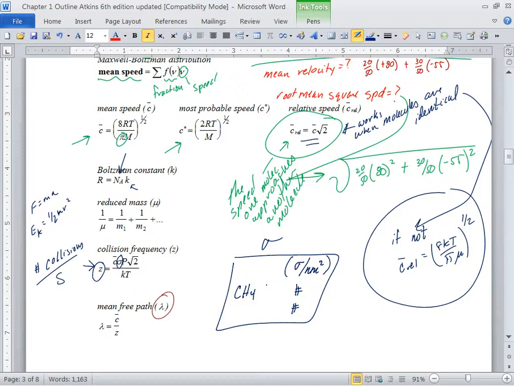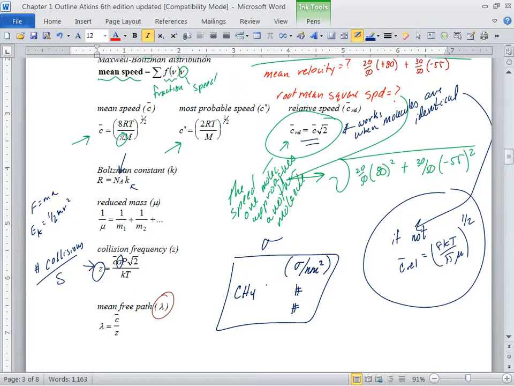K is probably what? Melissa? Little k. It's the Boltzmann constant, yeah. Look at the inside front cover, or divide R by Avogadro's number. T had better be in Kelvin.